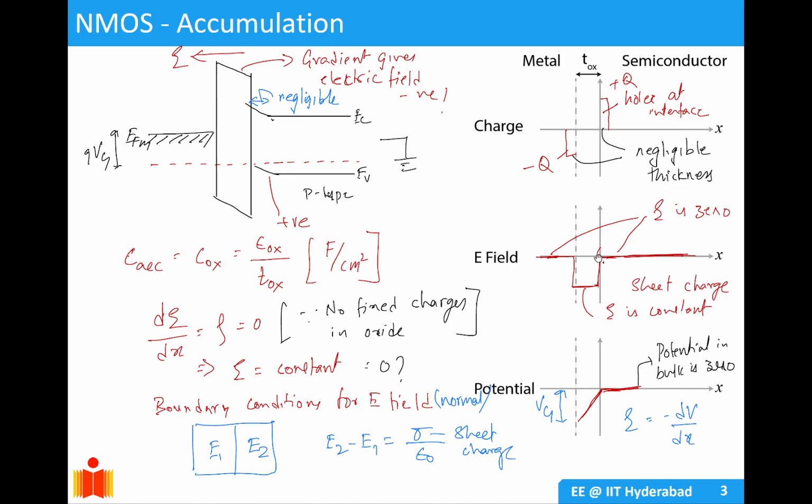Then it becomes constant again. So you can see that in the bulk region the potential is zero, but across the oxide there's a potential gap which is equal to your Vg that you have applied.